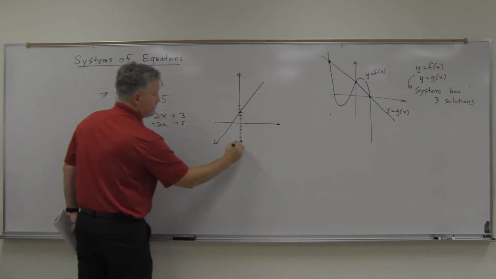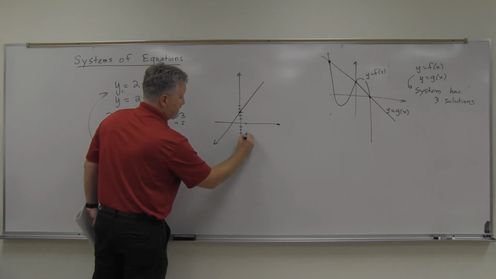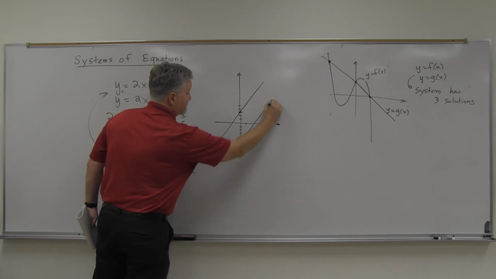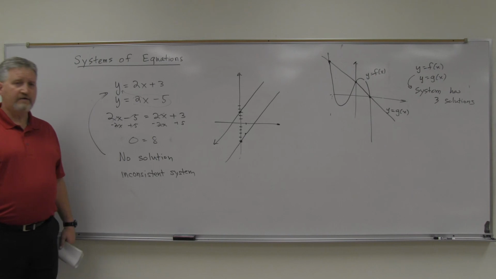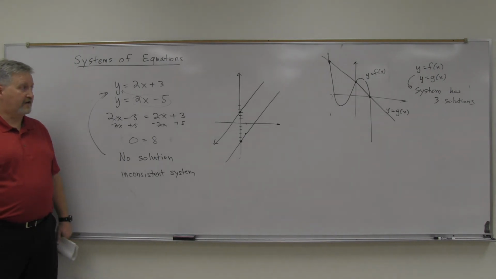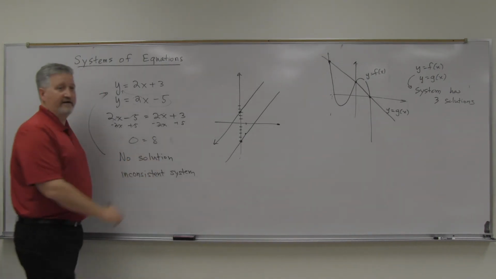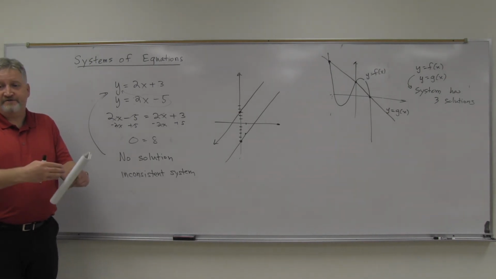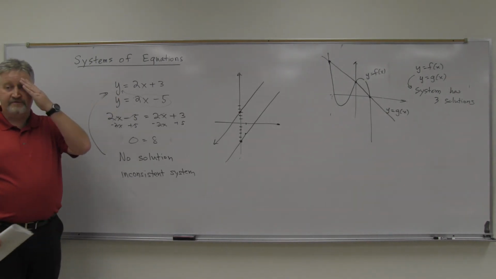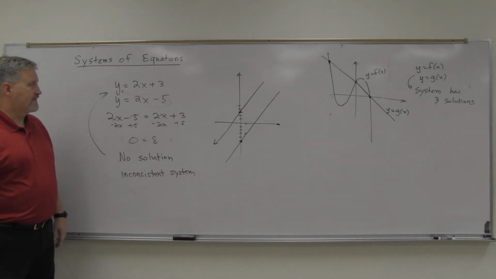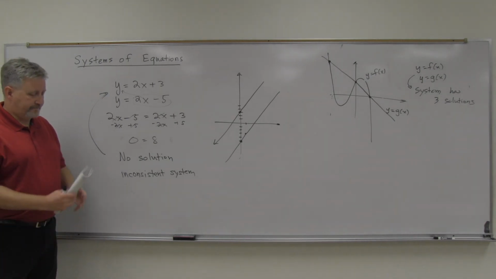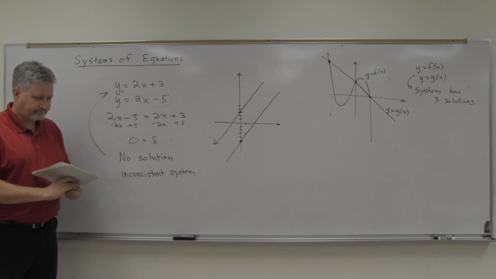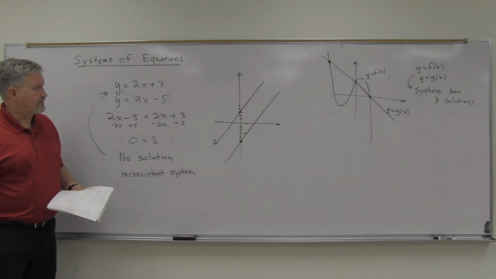The slope is 2. Same slope, and so yeah, these lines are parallel. And of course, parallel lines don't intersect. So that's why, in this particular case, there's no solutions, because the lines don't intersect. You have to have an intersection for there to be a solution to our system, okay? All right, any thoughts or concerns on that?